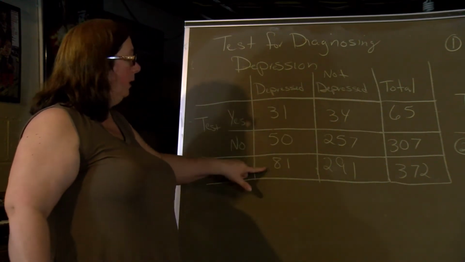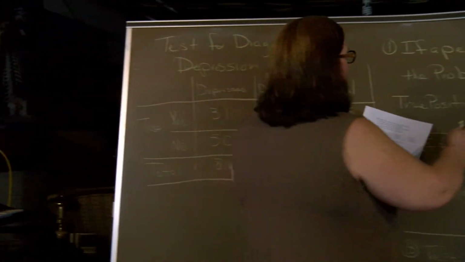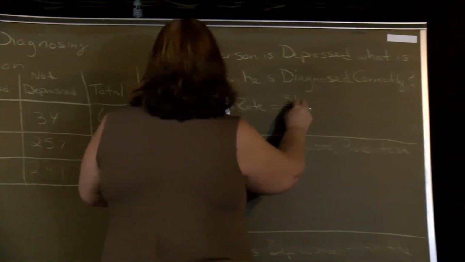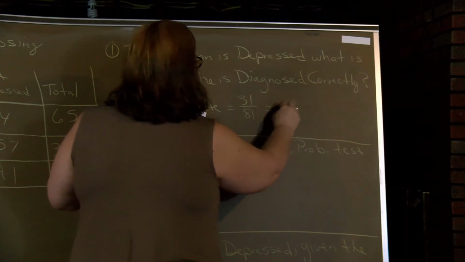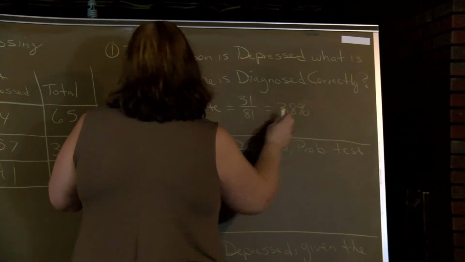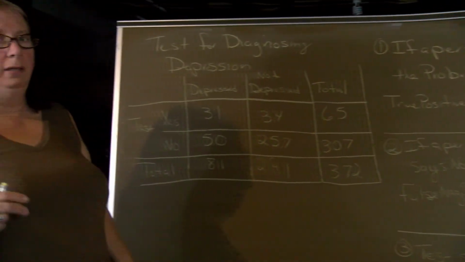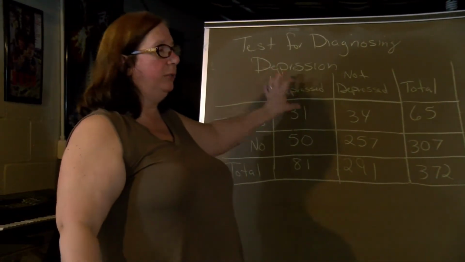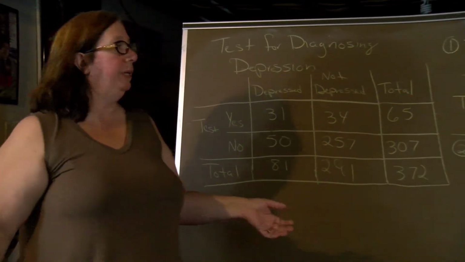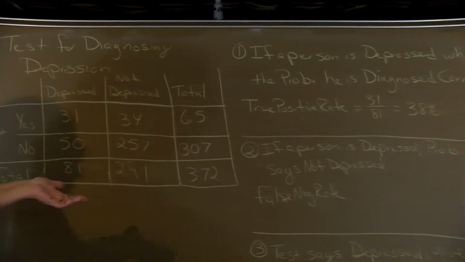So it's 31 out of the 81, which is 38%. So our true positive rate is 38%. So those who are depressed, 38% of them will be diagnosed correctly.